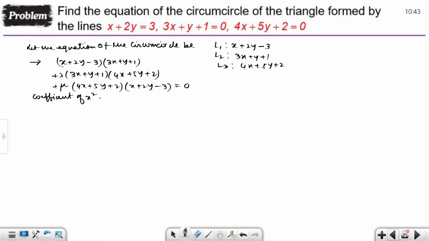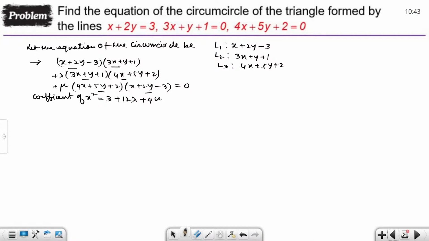So what is the coefficient of x square here? Don't multiply the whole thing until and unless it is required. In this case, to find the coefficient of x square, no need to multiply the whole thing. Simply find out mentally what will be the coefficient of x square. From here we are getting the coefficient of x square as 3. From here we are getting 12 lambda, and from here we are getting 4 mu.